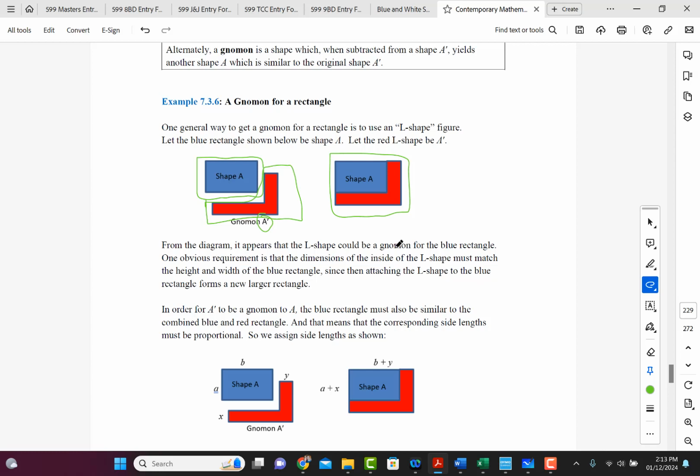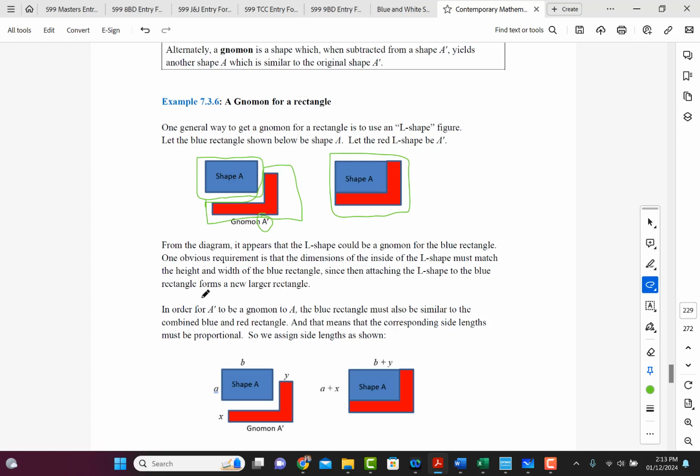Now, from the diagram, it appears that the L shape could be a nomen for the blue rectangle. One obvious requirement is that the dimensions of the inside of the L shape must match the height and width of the blue rectangle. That's obvious, right? Attaching the L shape to the blue rectangle forms a new larger rectangle.